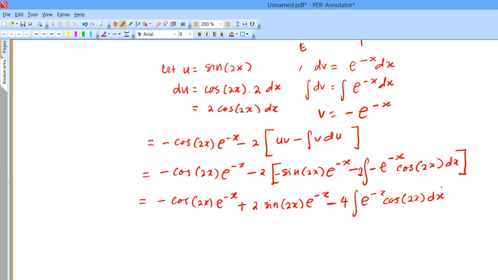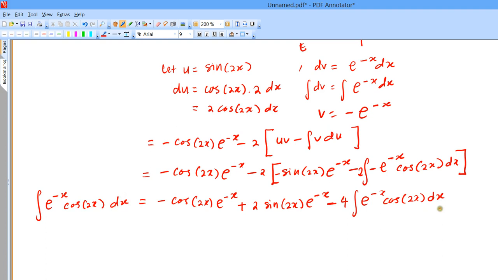And then our question on the left hand side actually equals integrate e to the power of negative x cos 2x dx.